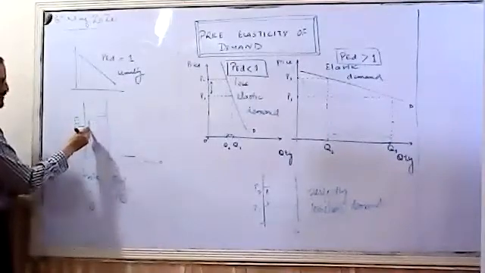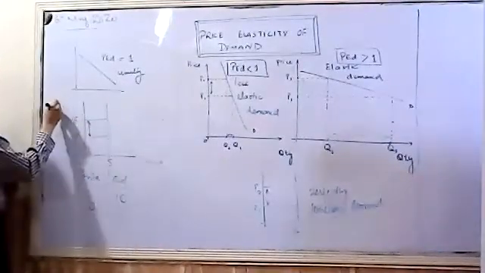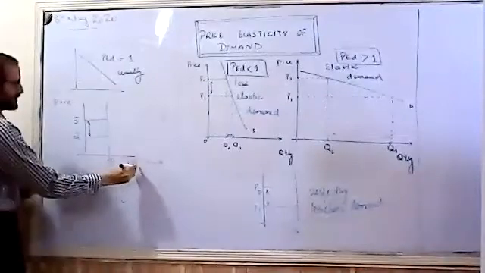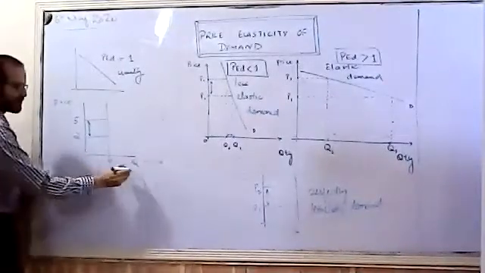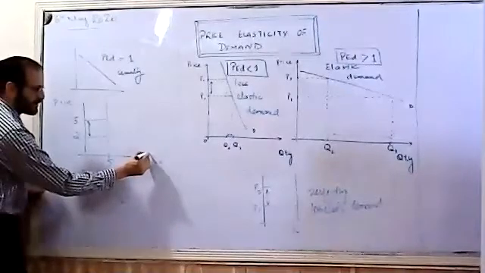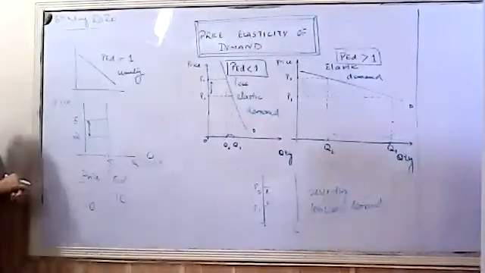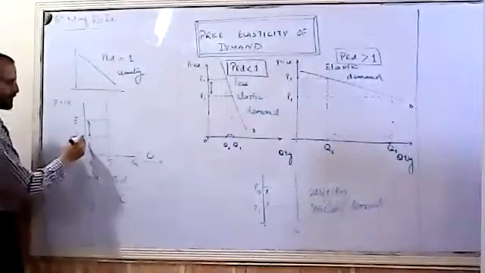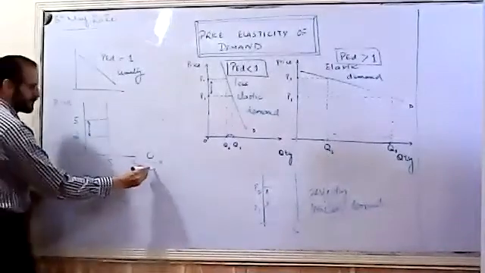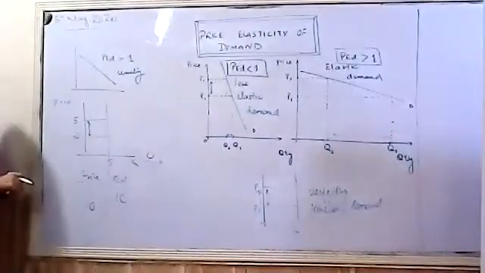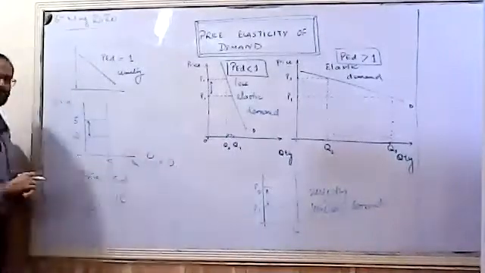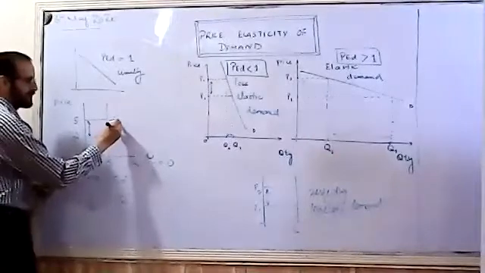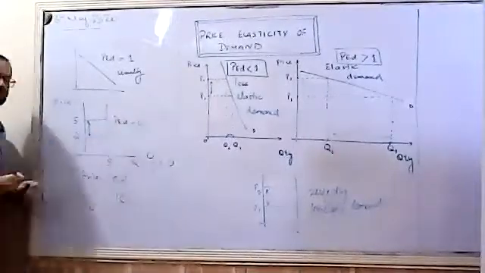Sorry, the price is changing and the quantity is remaining the same at 5. So if 5 is not changing, we put the quantity demanded in the numerator as 0. And the price, since it's changing from 2 to 5, let's put 3 over here. Any 0 divided by a value gives the answer 0. So the price elasticity of demand is going to be 0.